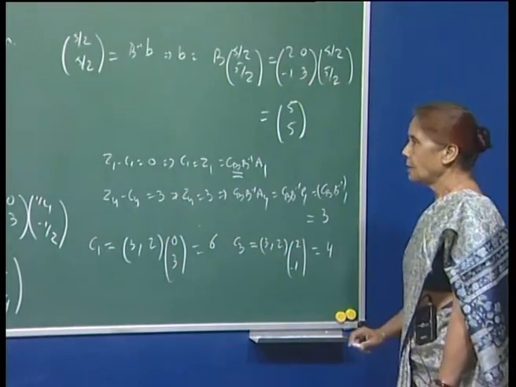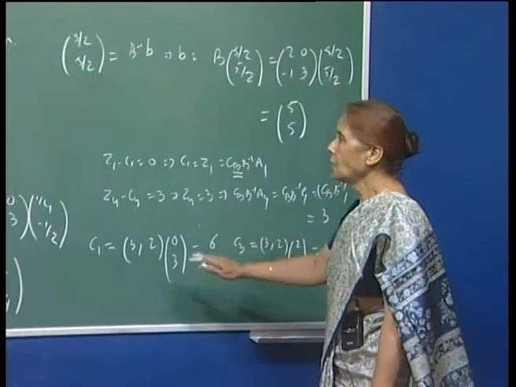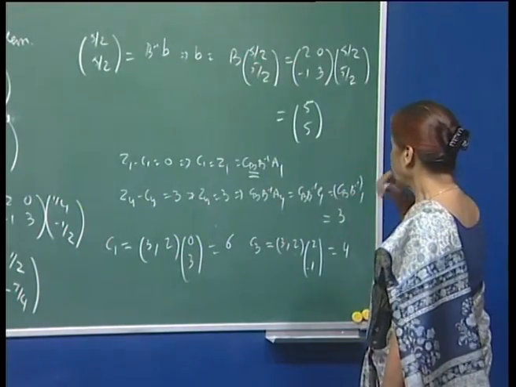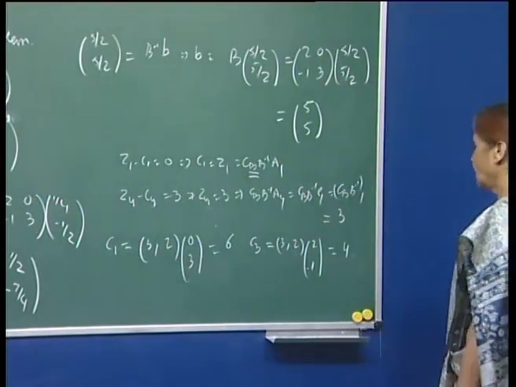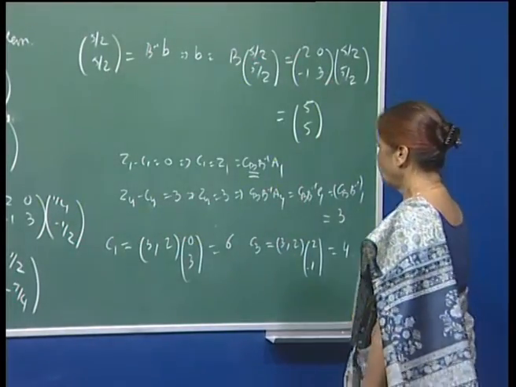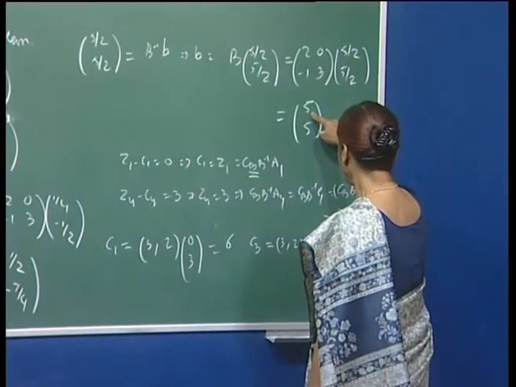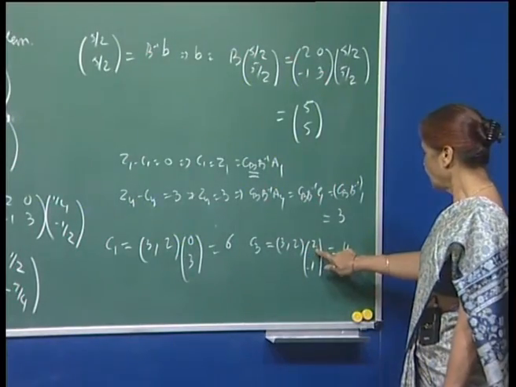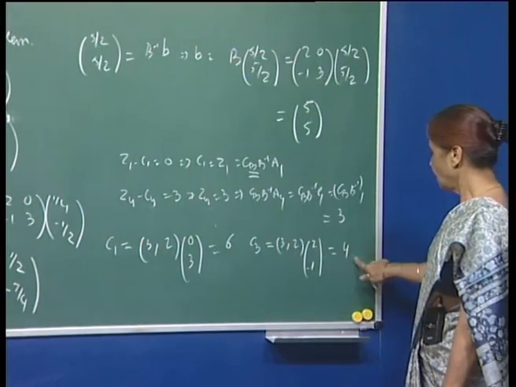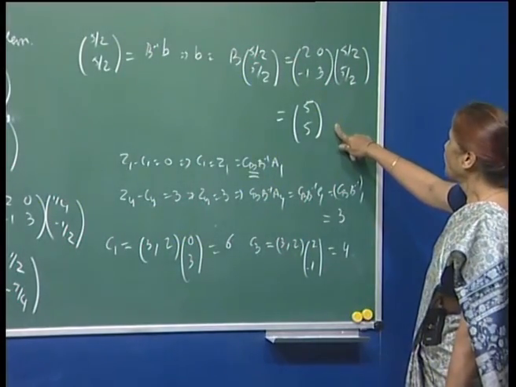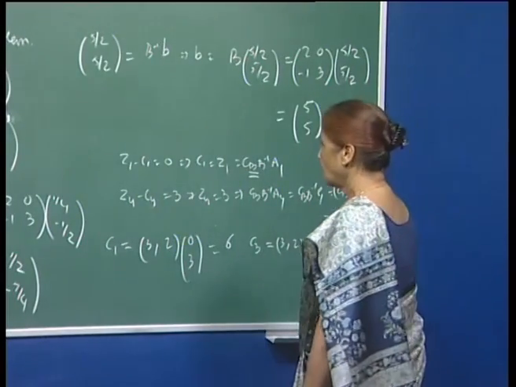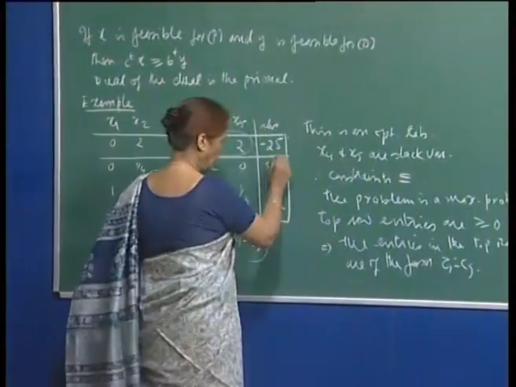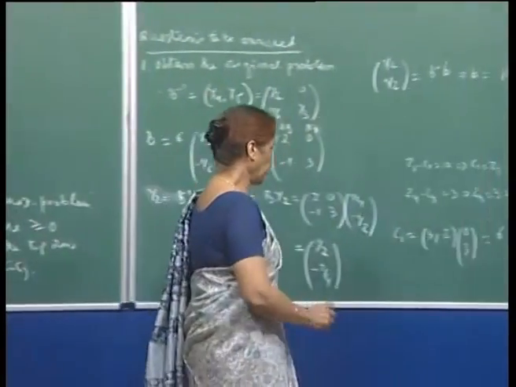Okay, fine. Let's quickly check that my calculation is okay. Now that I know C1 is 6 and C3 is 4, and the values are 5 by 2 and 5 by 2, currently the optimal solution, what is the objective function value?